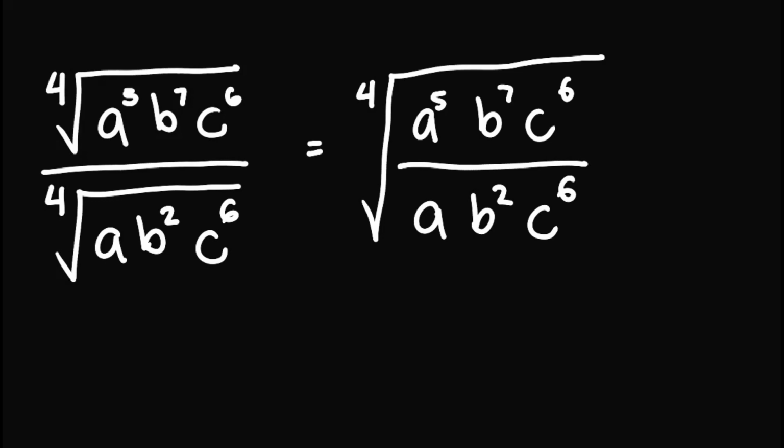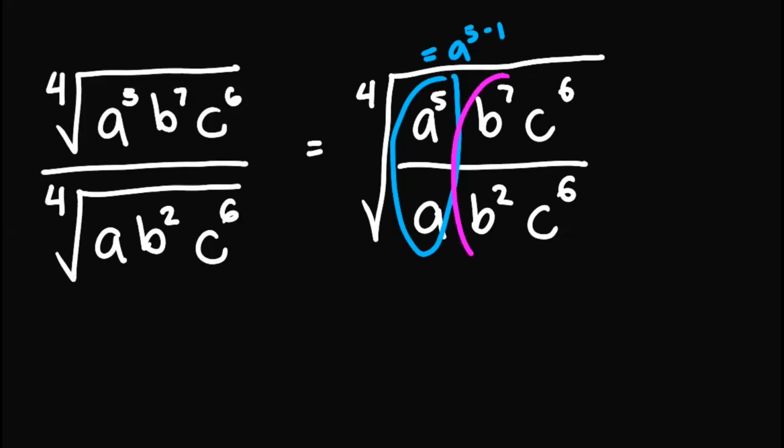And from here, it's simply laws of exponents or dividing by a monomial. So a raised to 5 over a, by laws of exponents, we know that this one is equal to a raised to 5 minus 1.